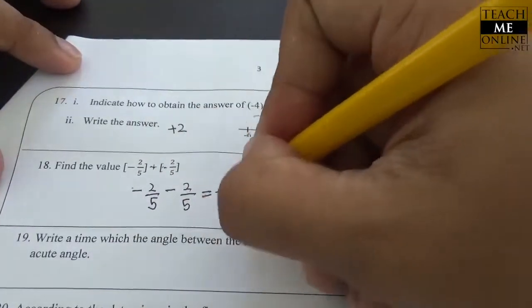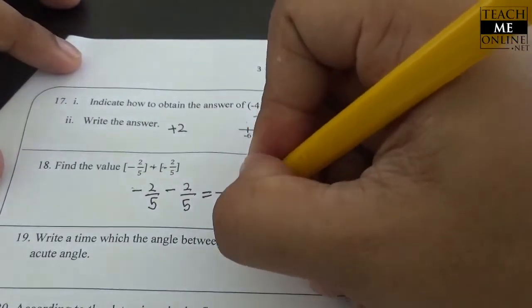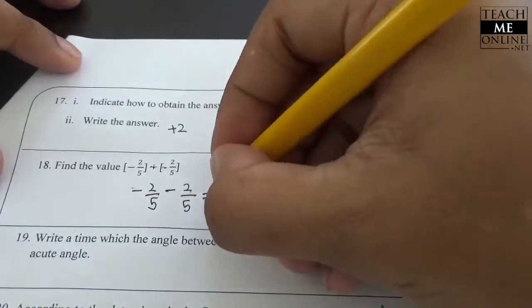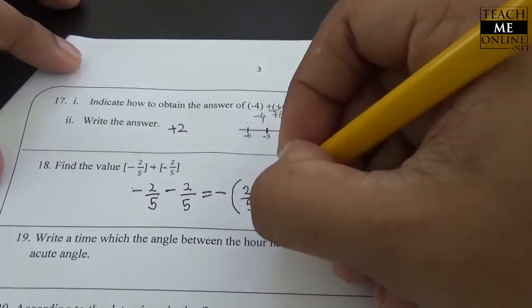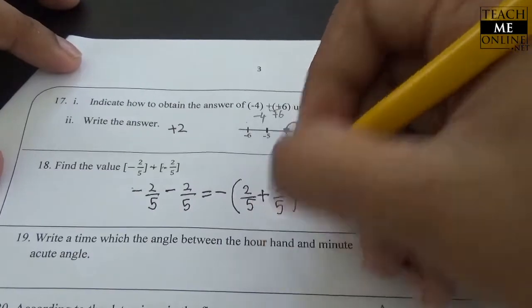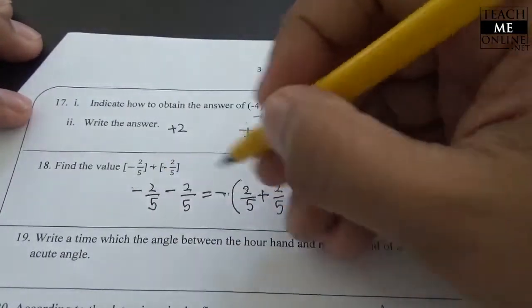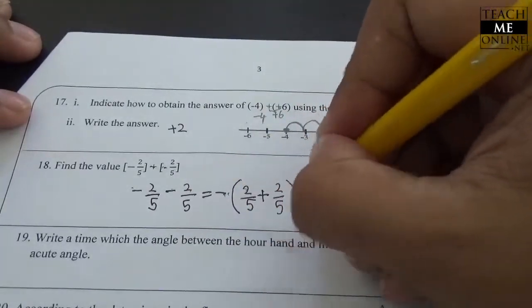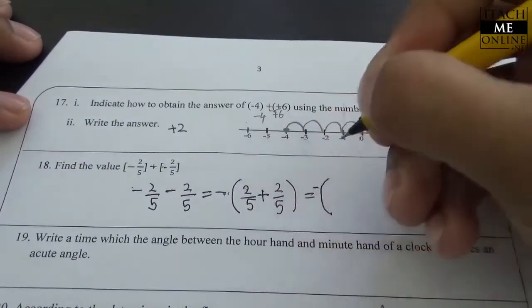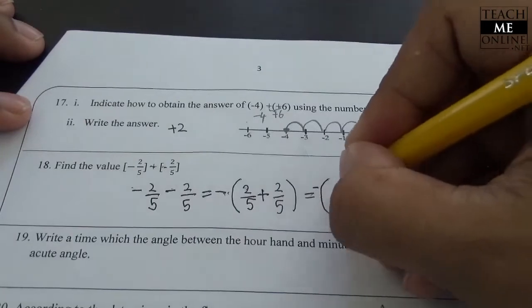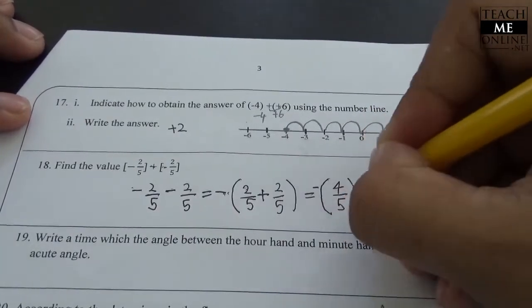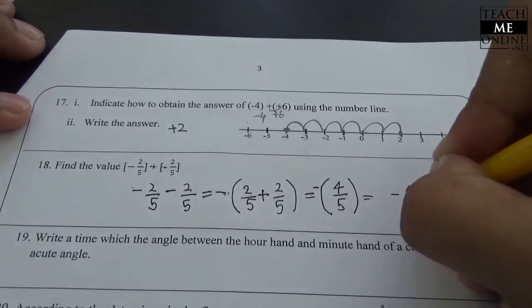It will be negative 2 over 5, and from this negative, if I take the negative out, it will be positive 2 over 5. Multiply out and see. Negative into this is negative 2 over 5. Negative into positive is negative 2 over 5. Now, inside the bracket, we can add 2 over 5 and 2 over 5 becomes 4 over 5. And the negative is outside. So, it will be negative 4 over 5.